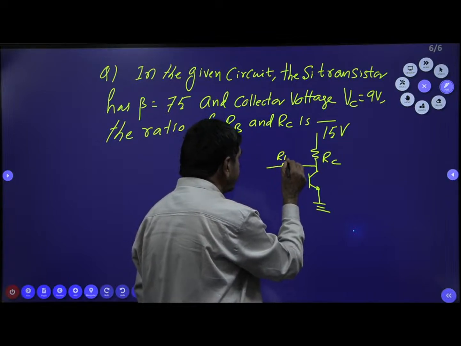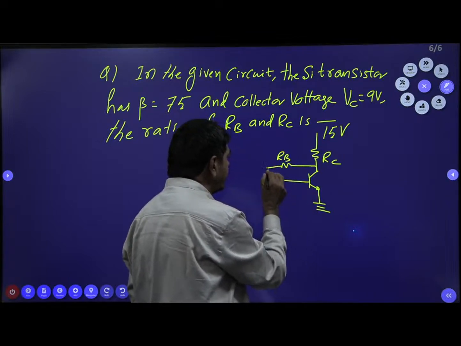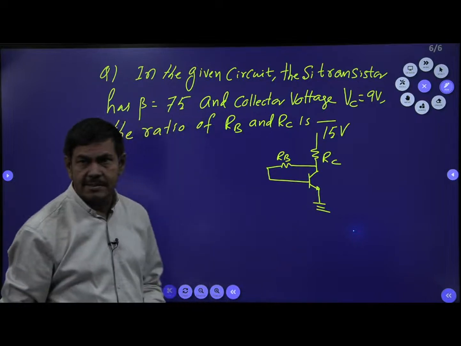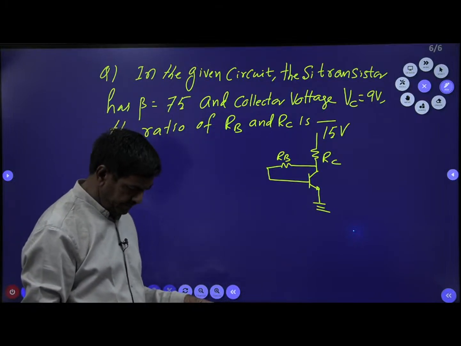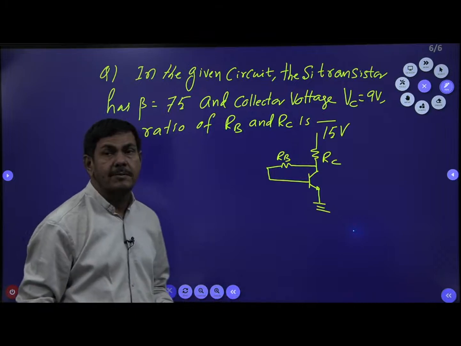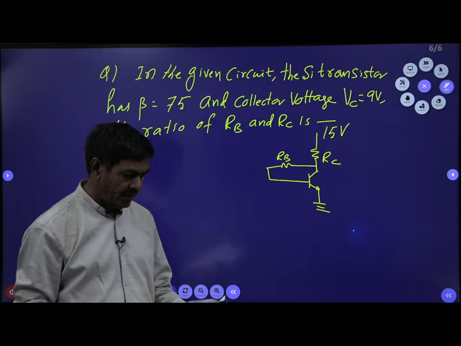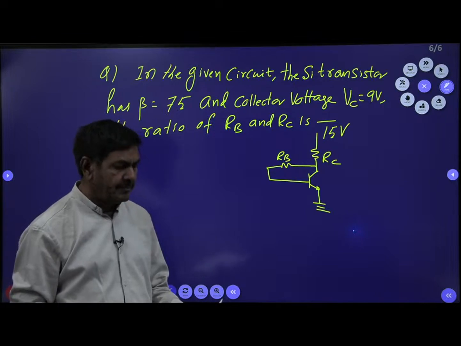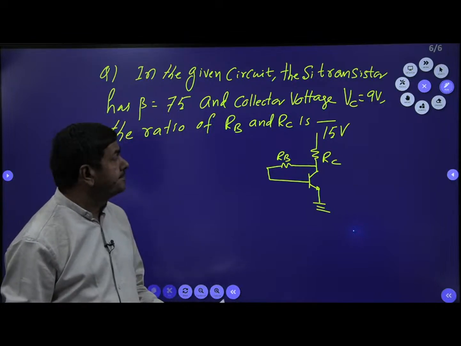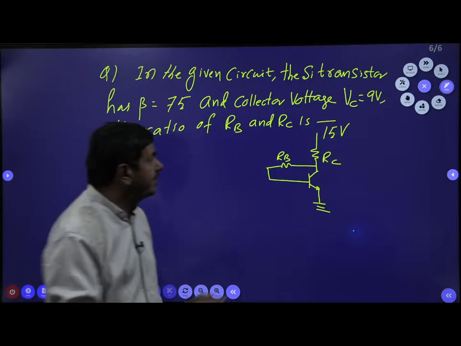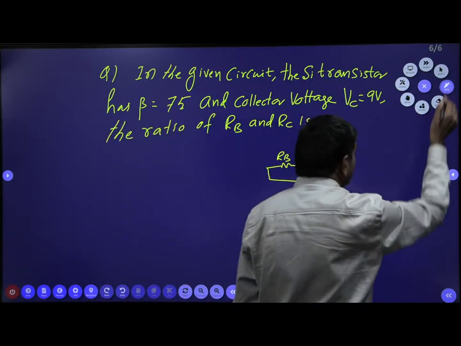This is RB. We know very well the name of this circuit. That is the given problem. How to determine the ratio of RB by RC? Anybody? How can we find it? Please watch.